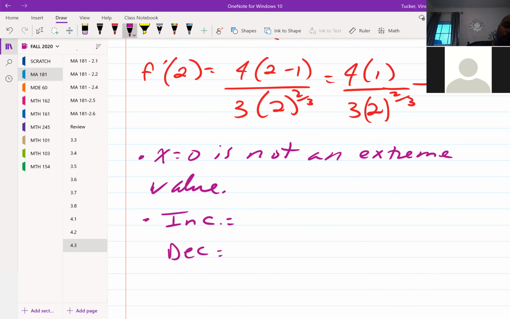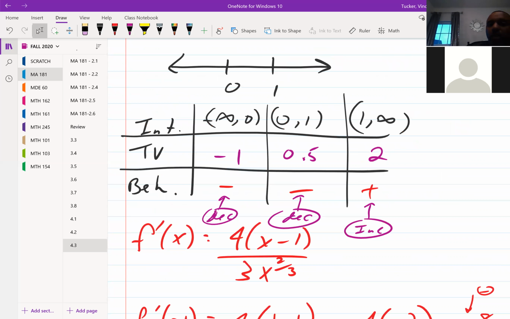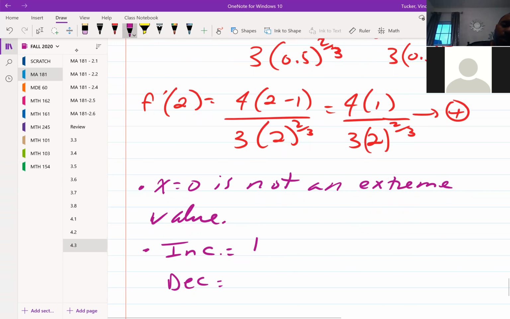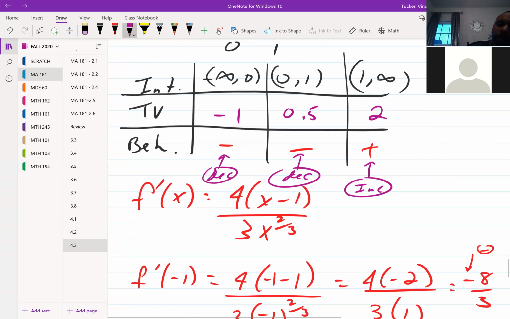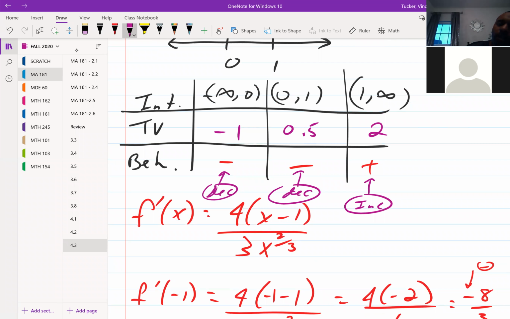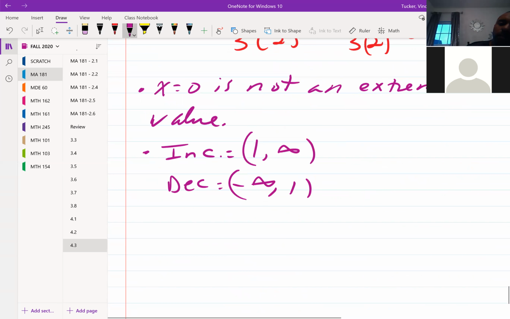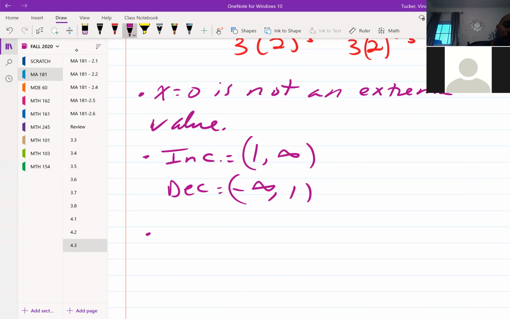So our graph is increasing from 1 to infinity and decreasing from negative infinity to 1. That's what we have here, decreasing all the way to 1 and going up at 1.